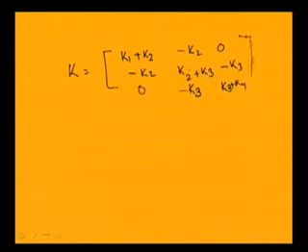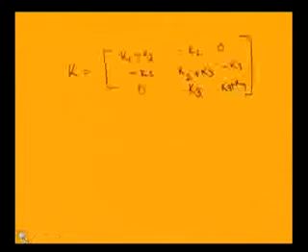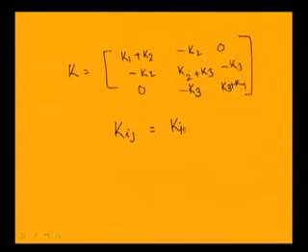Here also you can observe that it follows the reciprocity theorem, that is Kij equal to Kji. For a linear system, K12 equal to K21, similarly K13 equal to K31 and K23 equal to K32.